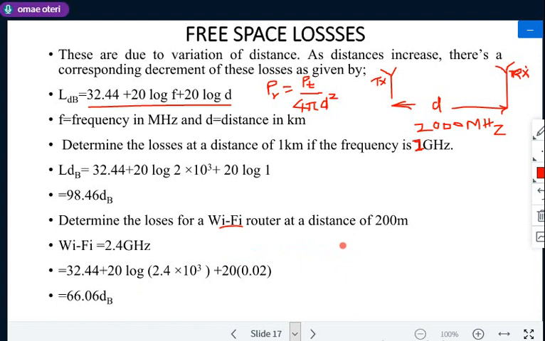Maybe I need to give you another one. So change this to mobile. Two hundred meters is supposed to be 0.2; you divide by 1000, it's 0.2. That's correct, 0.2.